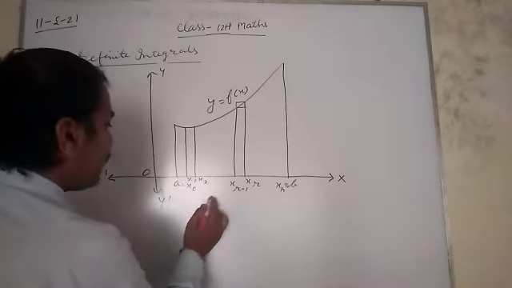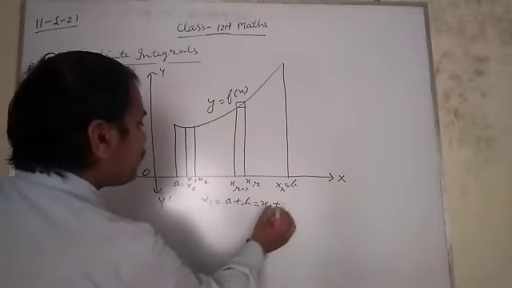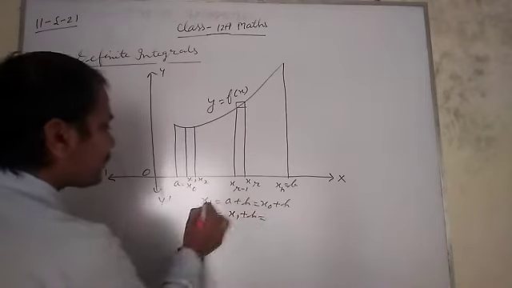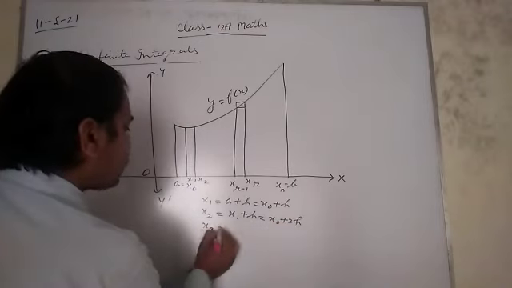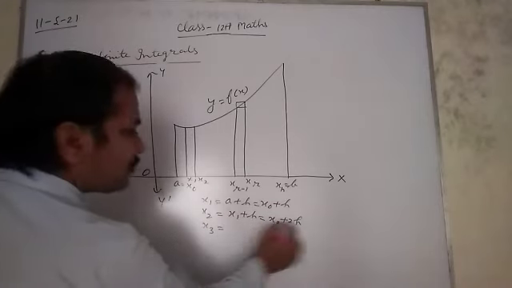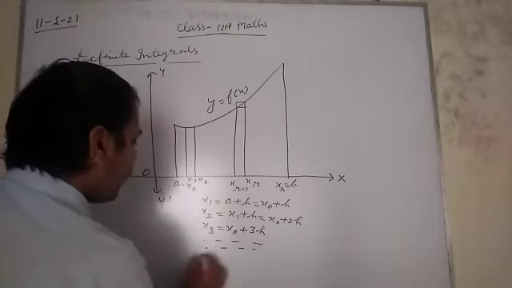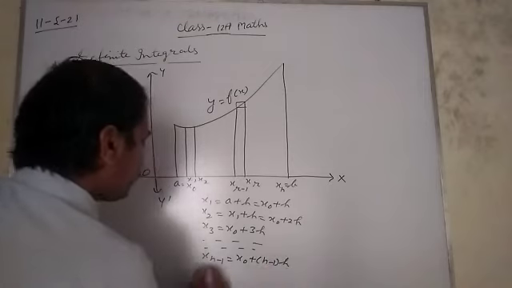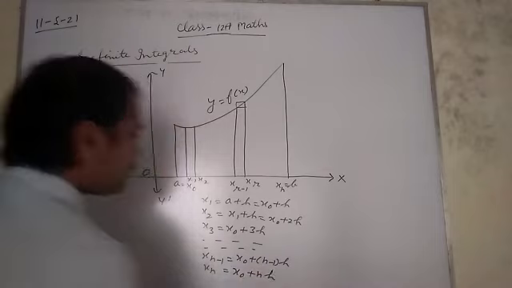You see here, x1 will be a plus h, where a means x0, so x0 plus h. x2 is x1 plus h, so this will be x0 plus 2h. Similarly x1 is x0 plus 1 into h, x2 is x0 plus 2 into h, x3 is x0 plus 3h, and so on, xn minus 1 is x0 plus n minus 1 into h, and xn is equal to x0 plus nh.